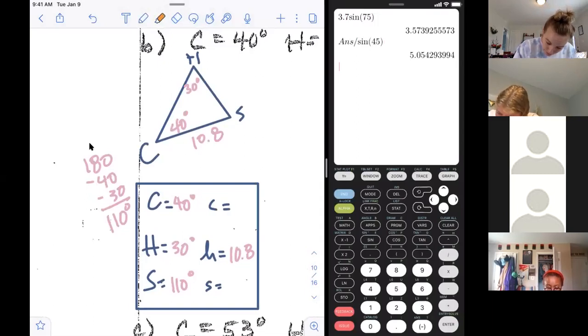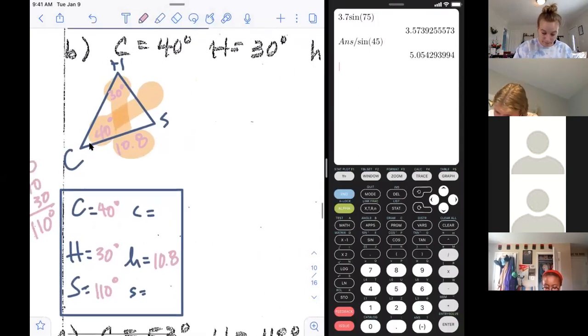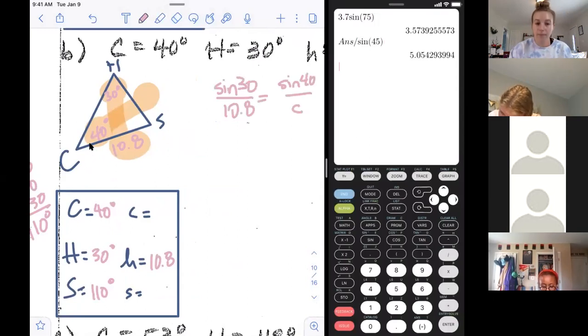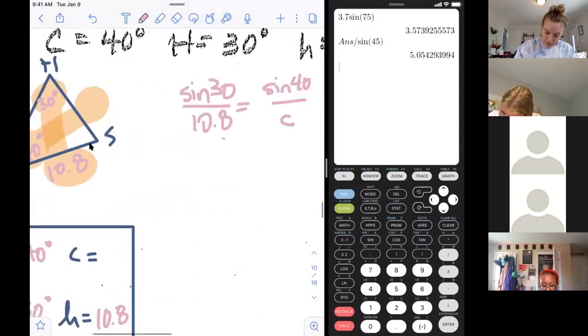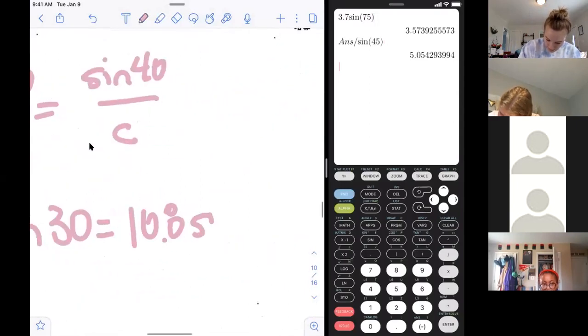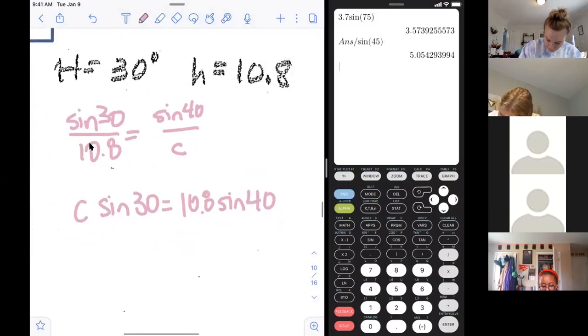So I'm going to do sine of 30 over 10.8 equals sine of 40 over x or c or whatever you want to call it. So I'll solve that out before I set up the other part. C sine of 30 equals 10.8 sine of 40.